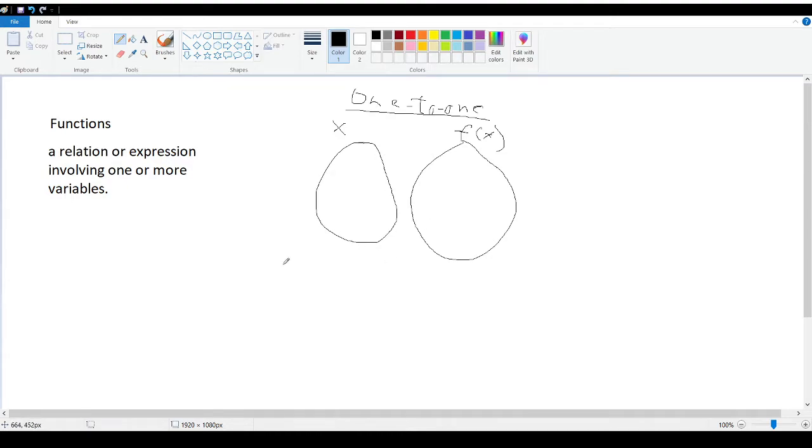Let's say, for example, the linear function, basically like 2x.